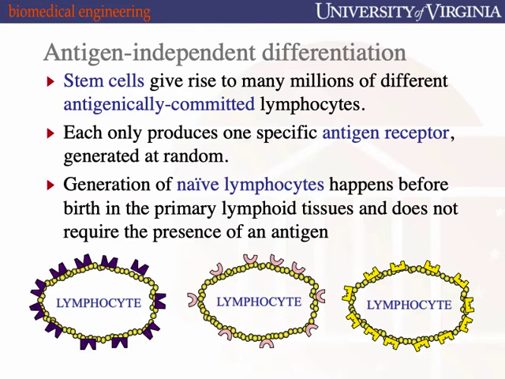As you can imagine, much of that is absolutely useless. You'll never actually utilize those cells, right? Because you may never interact with a pathogen that has a peptide epitope that T cell or B cell receptor binds, right? Okay.